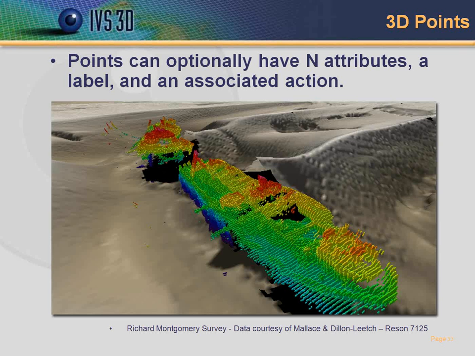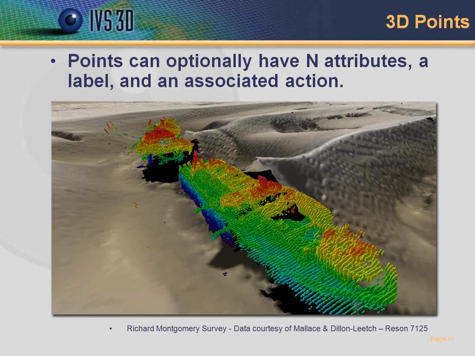Another major object type that's used all the time is 3D points. This is just a sample of the actual series of beams and samples from, I guess, a 7125 system, just chosen around the wreck. In this case, it's simply color-coded by depth, but the point format is actually the class itself.